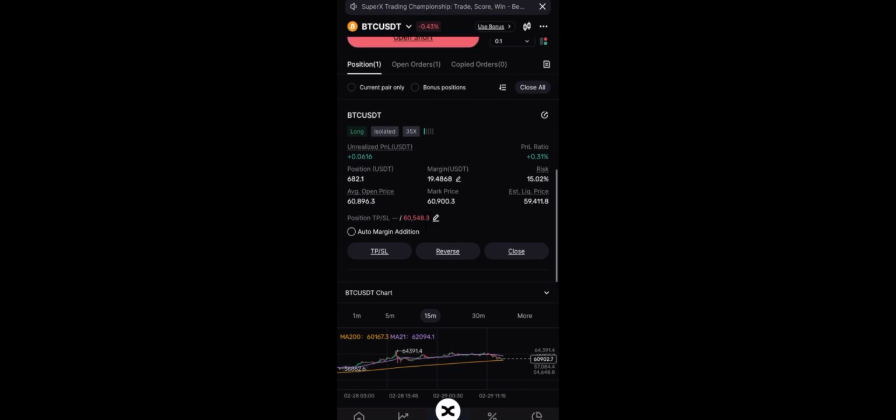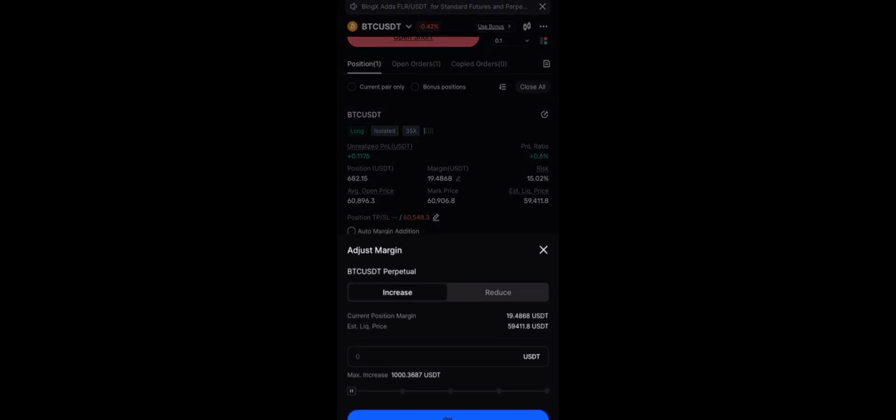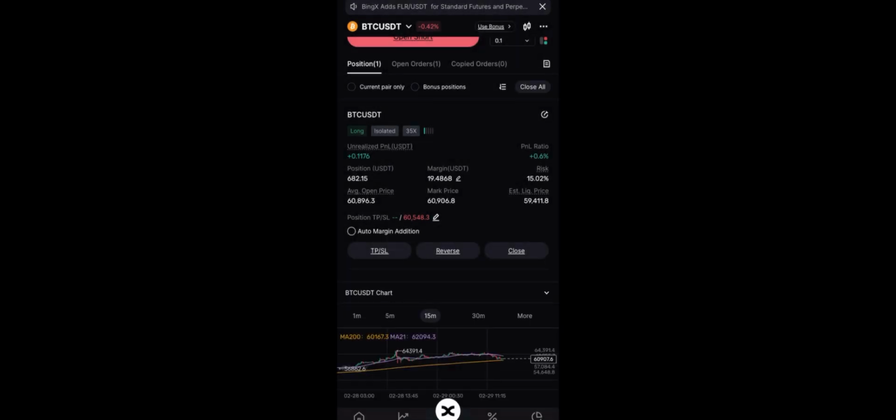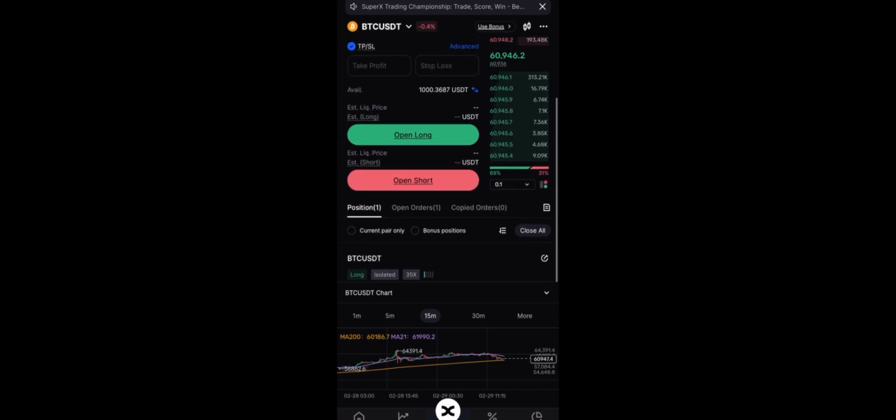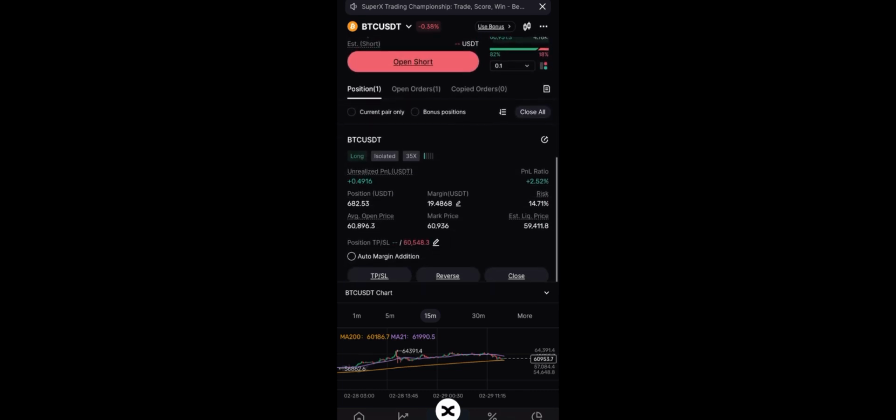So as you can see right here, unrealized profit is in the green. Position $682, because I have 35x. The $20 that I put into the trade is worth $682.